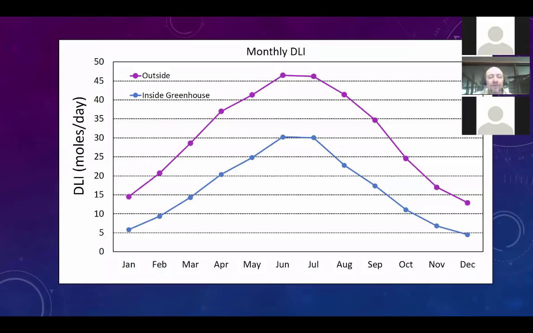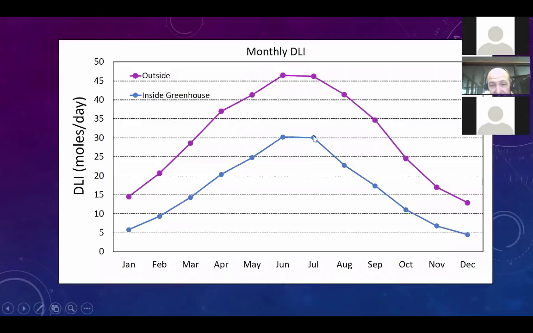So if we go back to taking our DLI numbers off of our maps, we have, again, the outside data, and if we assume 35 to 45% transmission in the winter and higher transmission in the summer, then the blue line represents the inside DLI.